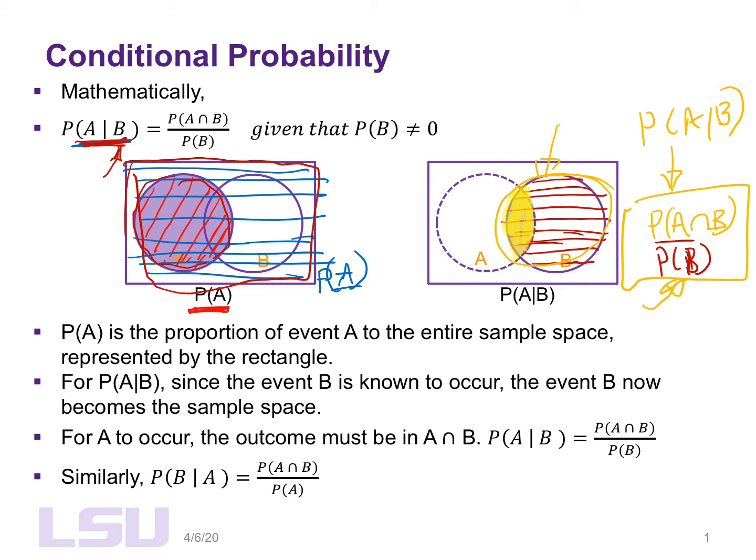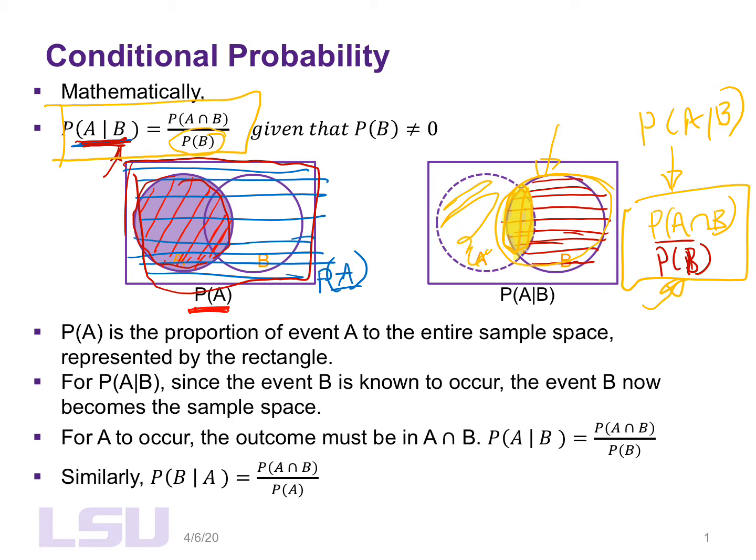You're dividing by B now. And it also reduces A itself because this cannot exist anymore. And you're left with only this part, which is A intersection B. And that's precisely what you see here. And this is only valid if this is not equal to 0, right? If it's equal to 0, then you're trying to divide by 0, which doesn't work.